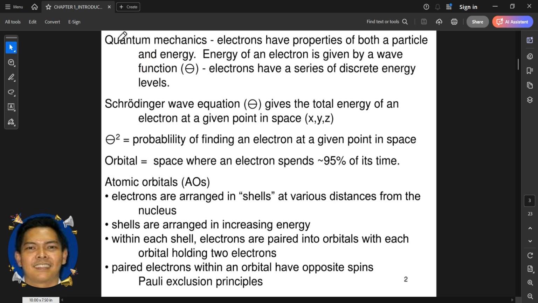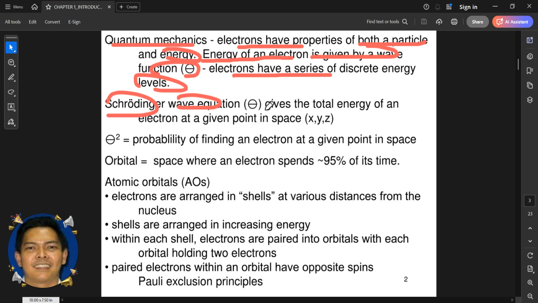In quantum mechanics, electrons have properties of both a particle and a wave. The energy of an electron is given by a wave function, so the electron has a series of discrete levels. The Schrödinger wave equation gives you the total energy of an electron at a given point in space, x, y, and z.